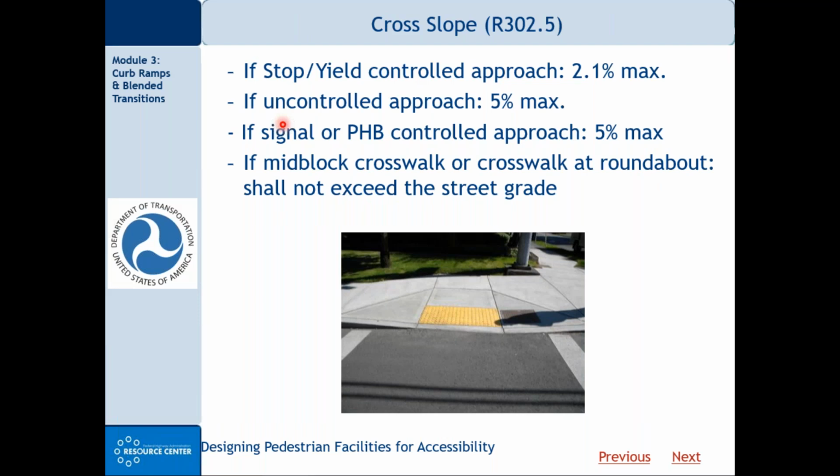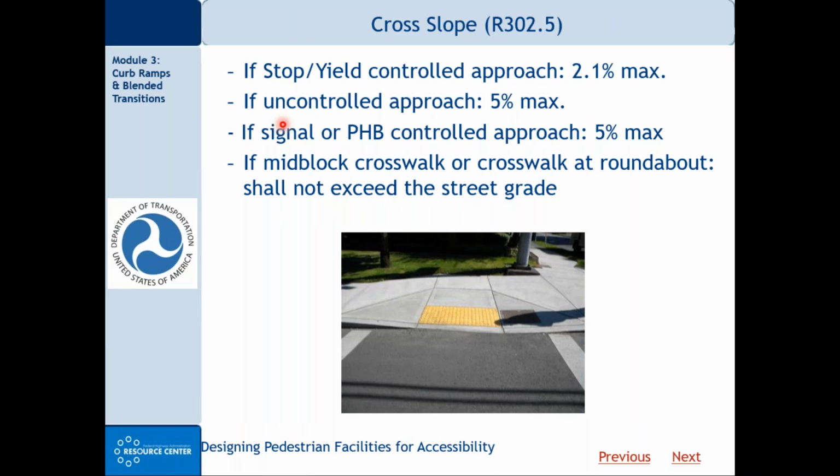These would be the motor vehicle traffic speeds. And so to get a 2.1% max would take more of a variation or disruption of the grade line of the roadway. And so at higher speed roadways, you want less disruption, which is why you would have a 5% maximum as opposed to 2.1%. 2.1% might create an abrupt change in the roadway gradient or line.